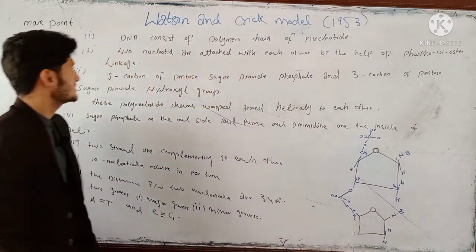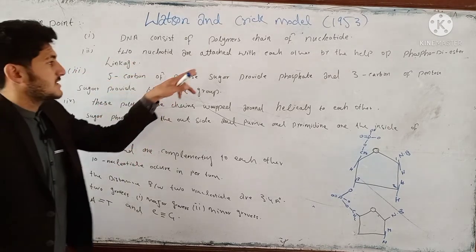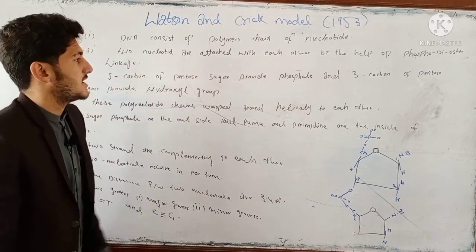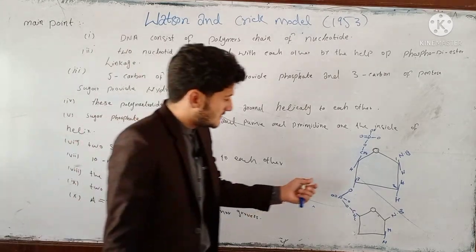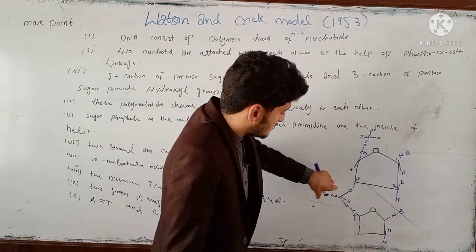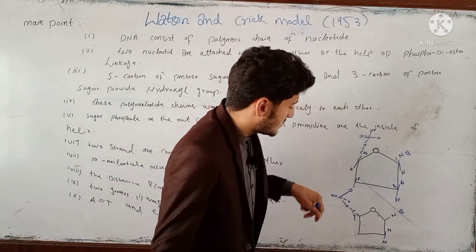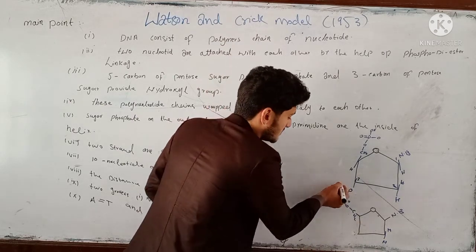Now coming to the second point: two nucleotides are attached to each other by phosphodiester linkage. Here I draw the structure of two nucleotides, attached with the help of phosphodiester linkage.